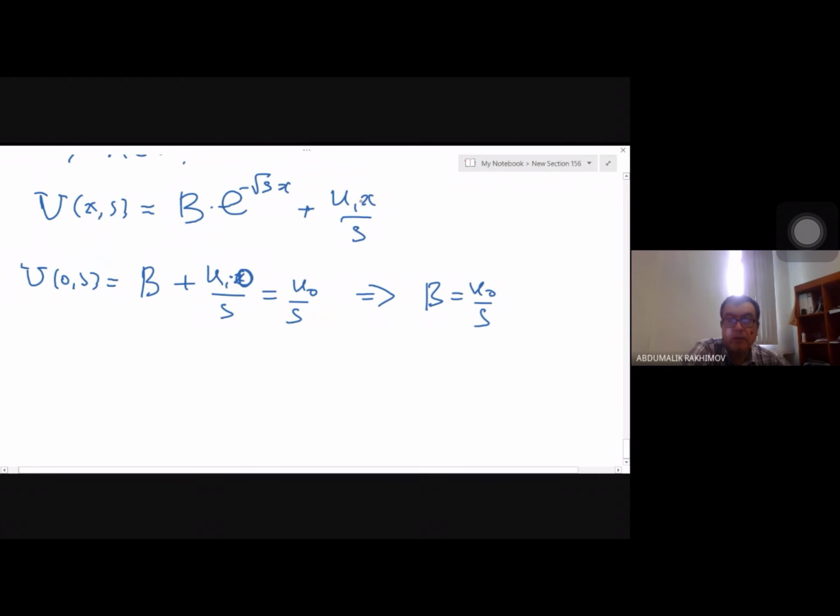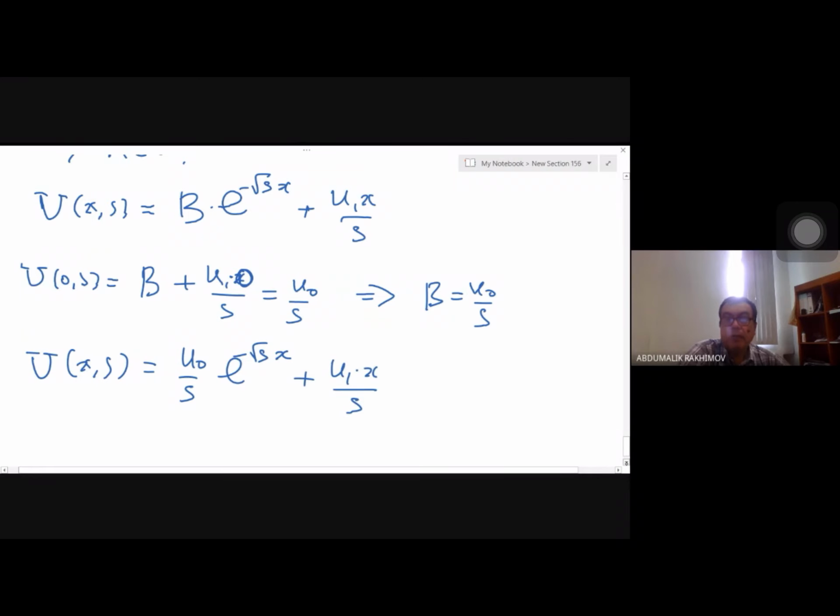Because this term is vanishing. Okay, B is equal to u0 over s, then capital U is equal to u0 over s exponential of minus root s x plus u1 times x over s.